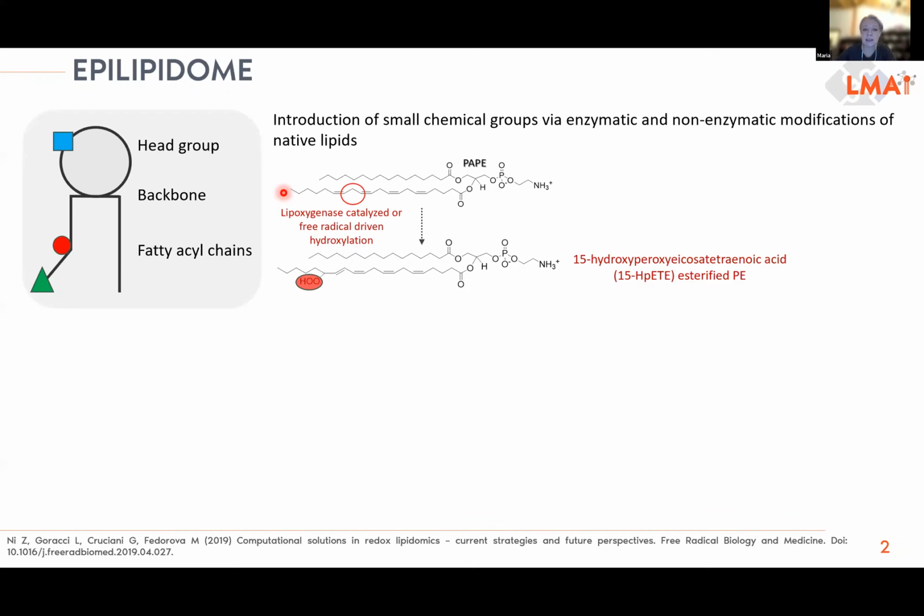For instance, it can get oxygenated or oxidized via the action of lipoxygenases or free radical driven hydroxylation, hydroperoxidation, with the formation of a hydroperoxide group, for instance, at position 15, forming a new type of lipid, a 15-hydroperoxy eicosanoic acid containing one. So this lipid, you can imagine, has different physicochemical properties and thus different functionalities in, for instance, lipid membranes.